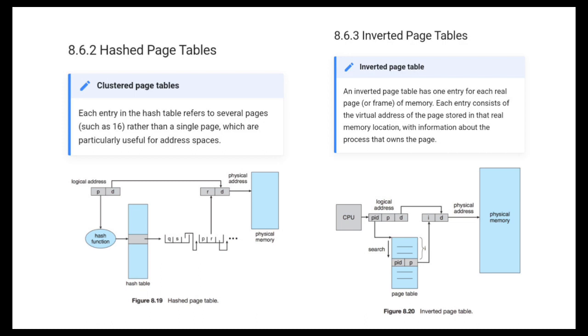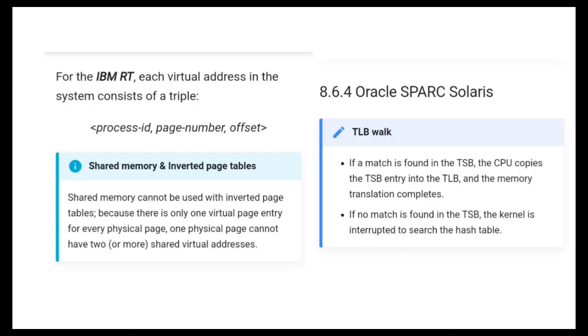Example: Intel 32- and 64-bit architectures (optional). IA-32 segmentation. The Pentium CPU provides both pure segmentation and segmentation with paging.